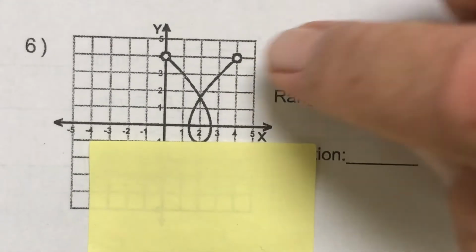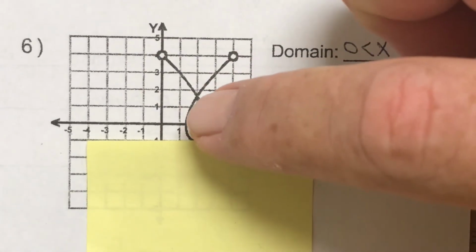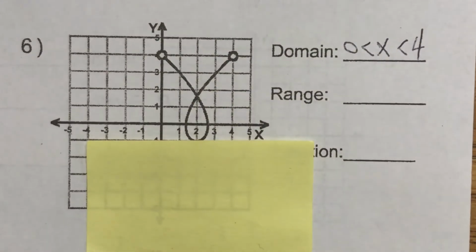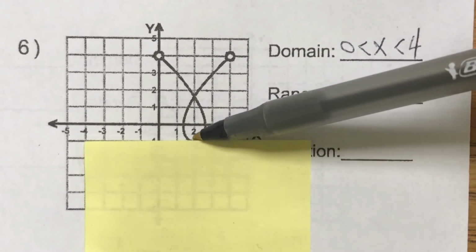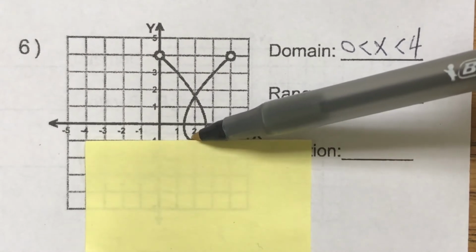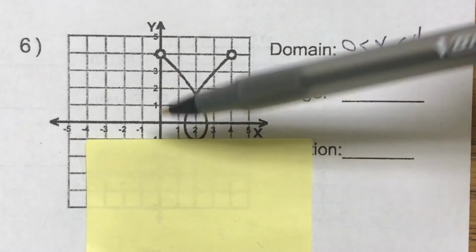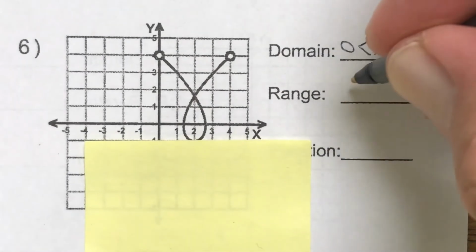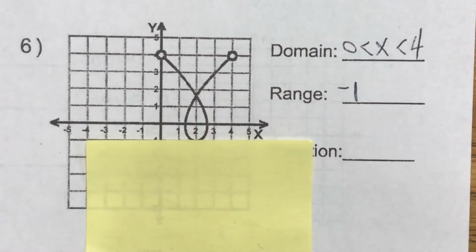You're not just necessarily looking at where the points start and end, you're looking at the whole graph and the furthest that it goes down. So this is the lowest part of the graph, and this, again using the straight line, tells me that my y number is -1. So my smallest y number, the smallest possible range value I could have would be -1.